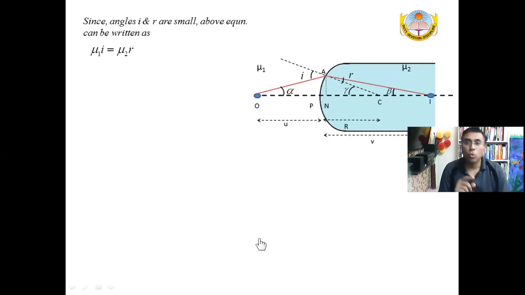So over here, since I and R are small angles, I'm writing sin I as I and sin R as R. Okay, now let's move further.